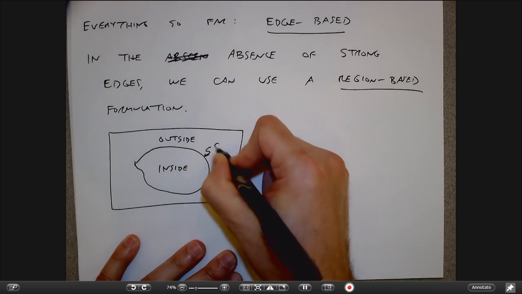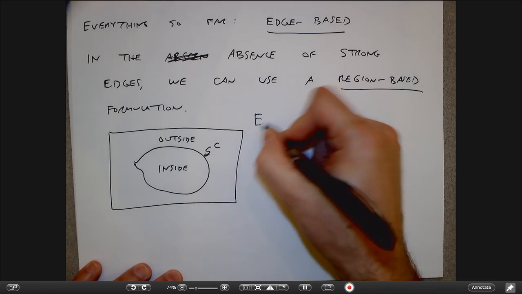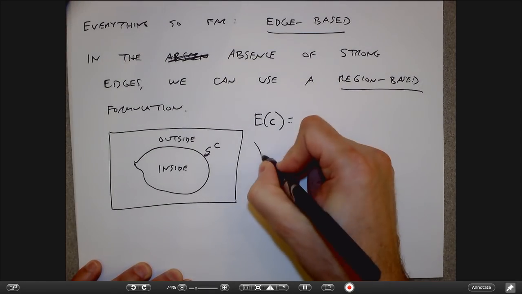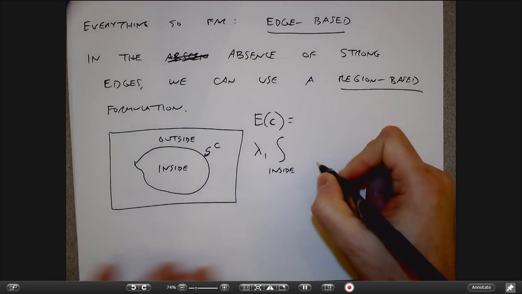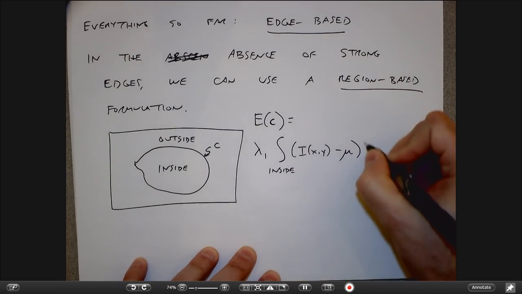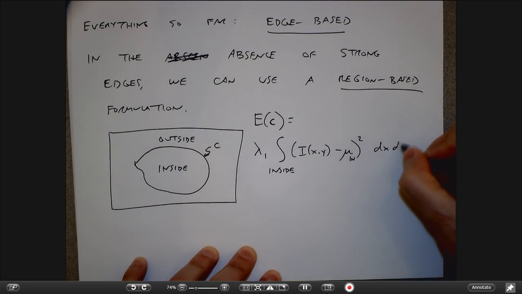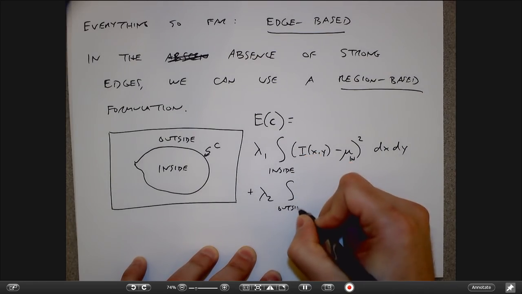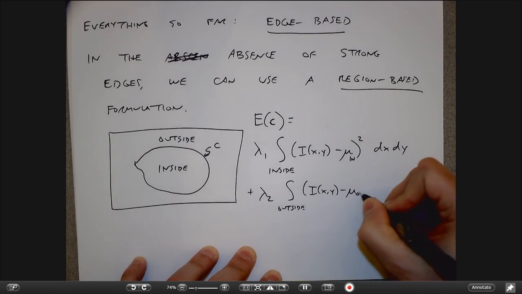And then the energy of my curve could be defined as something like: over the pixels on the inside, I want the standard deviation of those pixels to be small. And around the outside, I want the standard deviation of those pixels to be small.